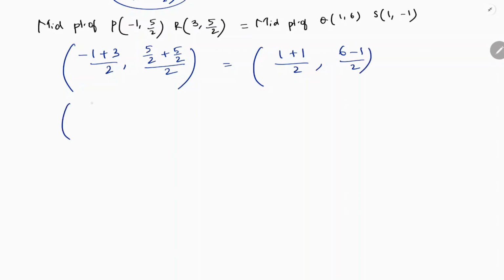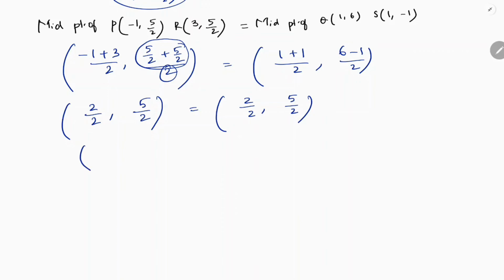Here, -1 plus 3 is 2 by 2, 5 by 2 plus 5 by 2 is 10 by 2, and 10 by 2 is nothing but 5, and then divided by 2. Again here, 2 by 2, and 6 minus 1 is 5 by 2. So (1, 5/2) equals (1, 5/2).